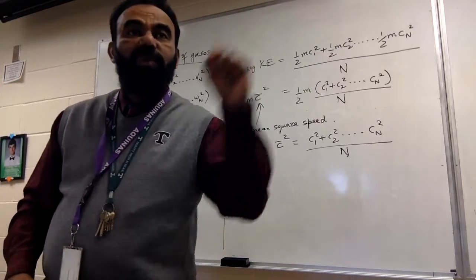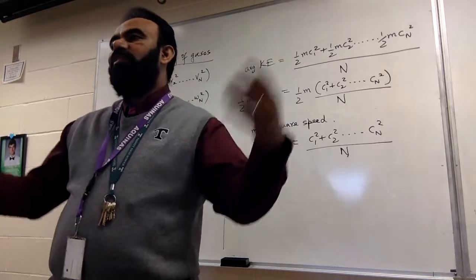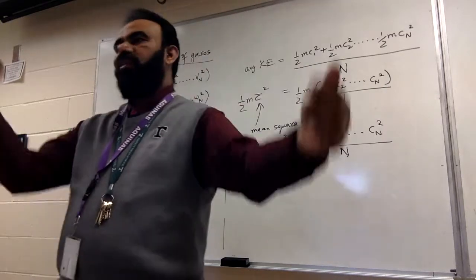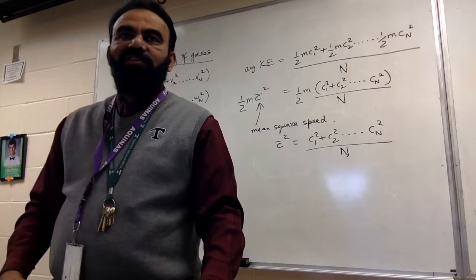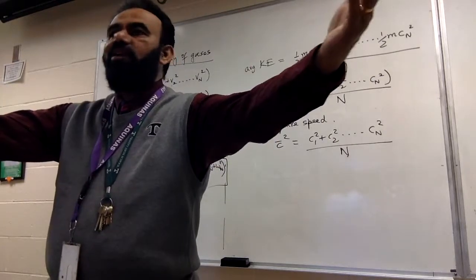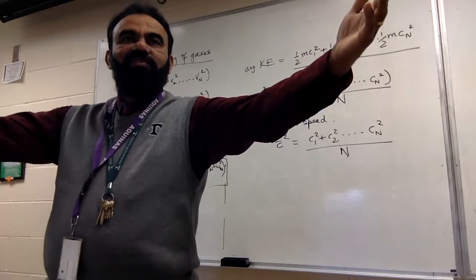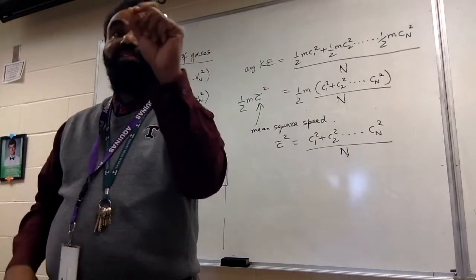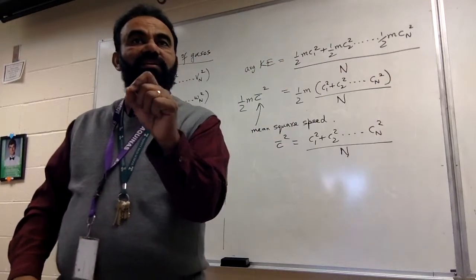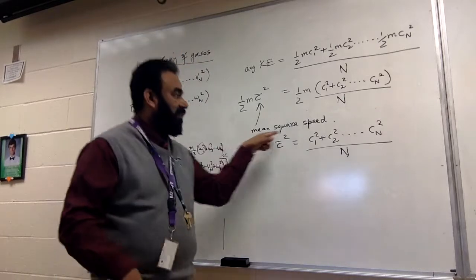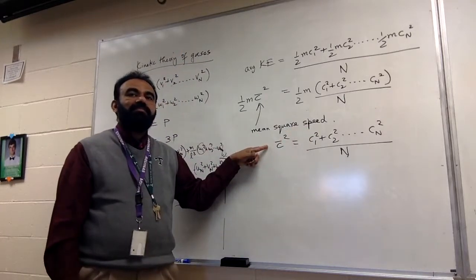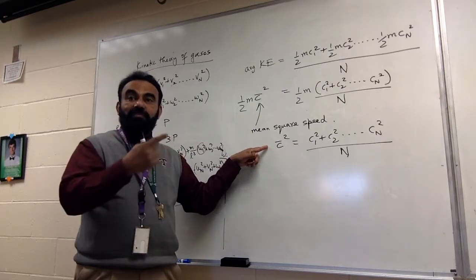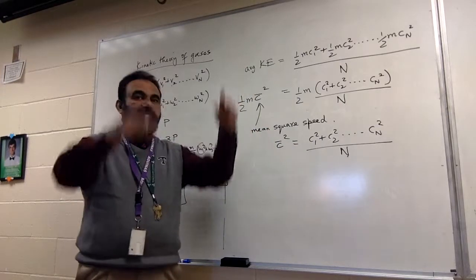The molecules are moving. At the same time, you're saying average velocity is 0 because for every atom or molecule moving that way, there is another one moving that way. And the whole gas is not moving anywhere, right? So the average velocity is 0. At the same time, you know that there is activity going on inside. And how do you measure that activity? By this mean square speed. That's why we don't use the term average velocity. Instead, we use the term average square.